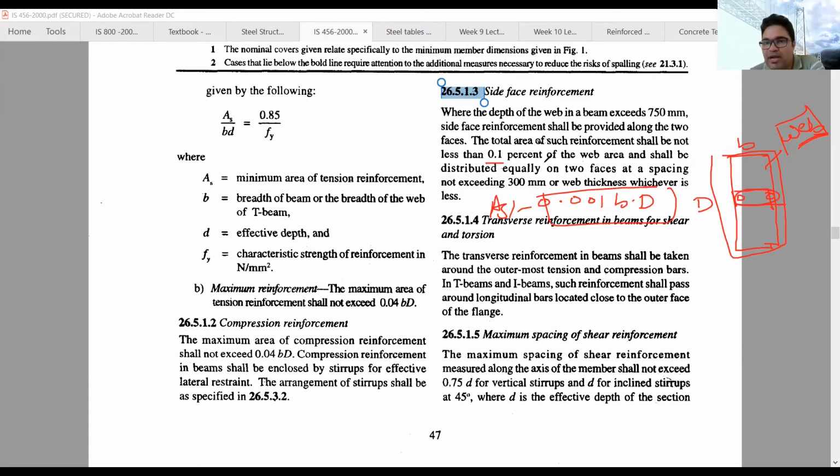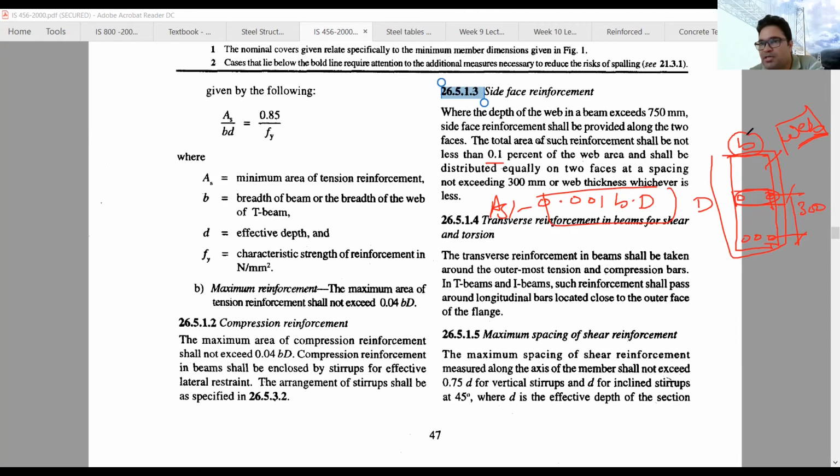And it says it shall be distributed equally on two faces at a spacing not exceeding 300 mm or web thickness, whichever is less. So if we have already provided reinforcement here, this spacing should be less than 300 mm, or the thickness of beam.